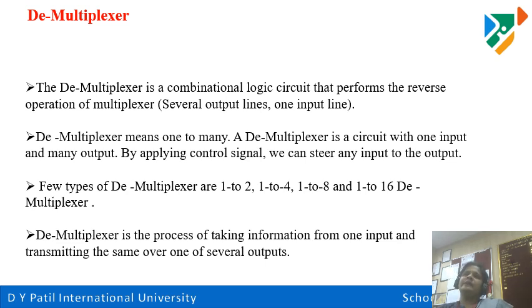The way we had a select signal in a multiplexer, here also we are expected to have a select signal, which is nothing but a control signal that can steer the input to an output. It is the process of taking information from one input and transmitting the same information over one of several outputs.